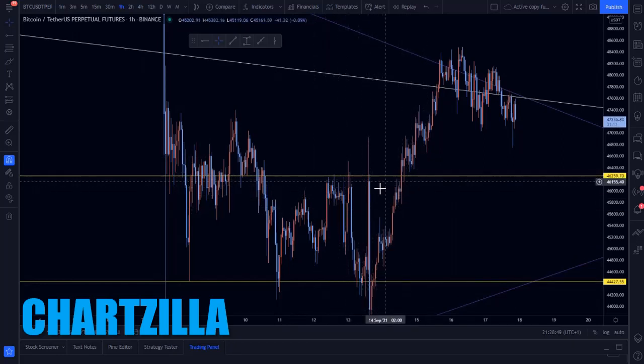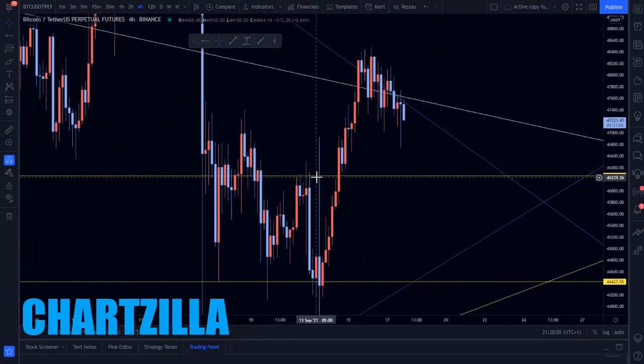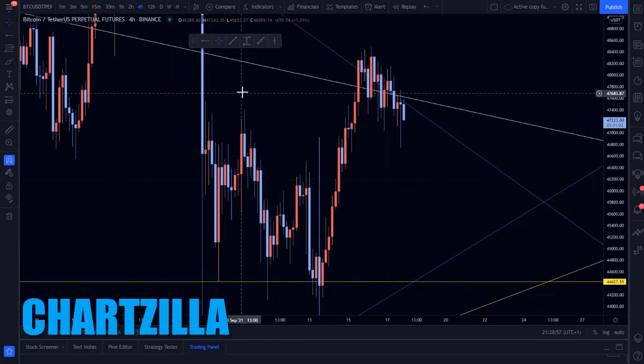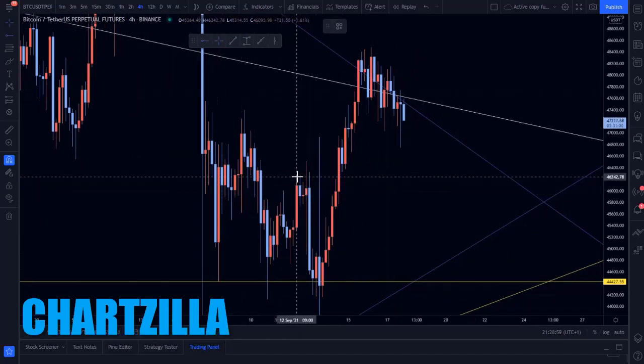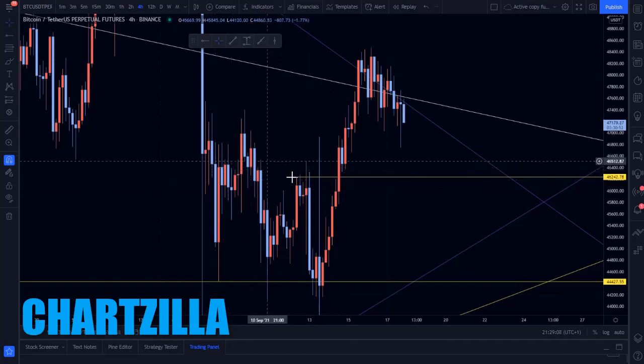You can clearly see this by the tests. So when I was on the 4-hour chart and looking at these levels, I basically was here and I was looking at this. I like the look of this because of the tests. But the moment I mark this, I know that this isn't testing anything in here. I knew that this was testing something in the past.